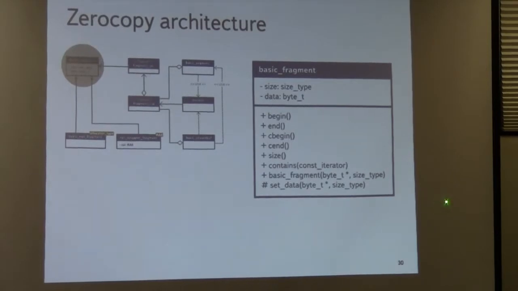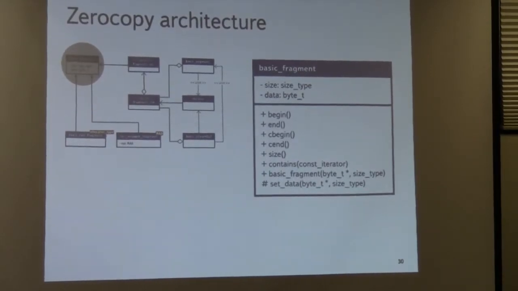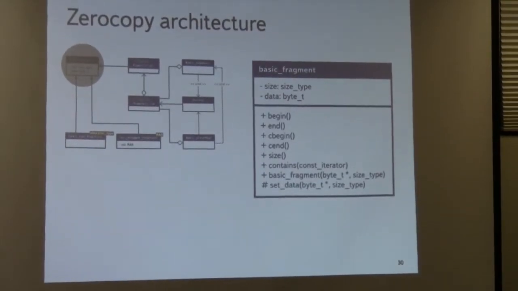And it provides the constructor and a protected method to set up the memory chunk. It is important to say that this entity does not own the memory chunk. It only represents it.